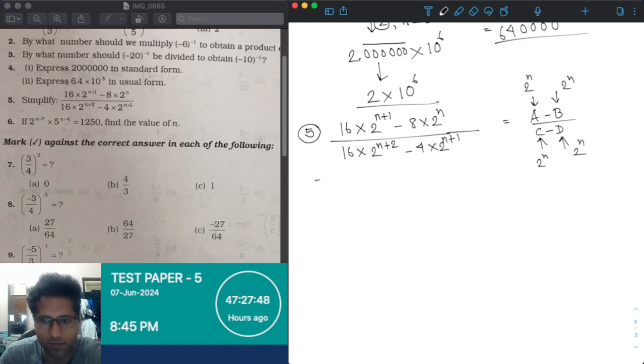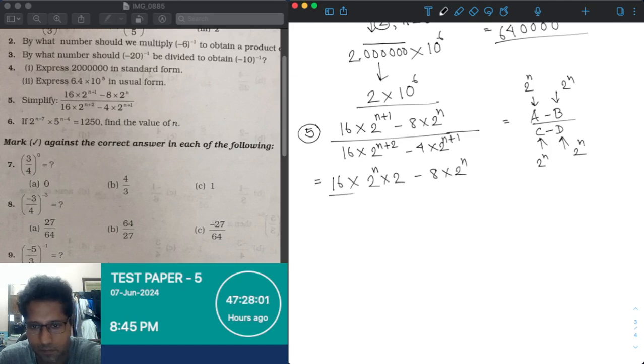It will be clear if we rewrite this as 16 into 2 to the power n plus 1, which means 2 to the power n multiplied by 2, minus 8 into 2 to the power n, divided by 16 multiplied by 2 to the power n plus 2, which means 2 to the power n multiplied by 2 square.